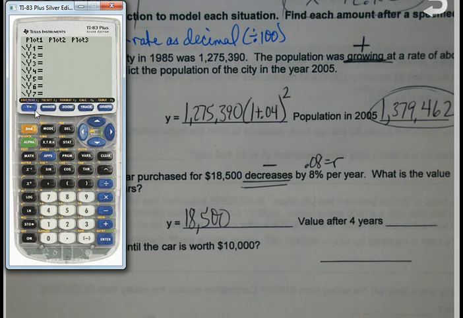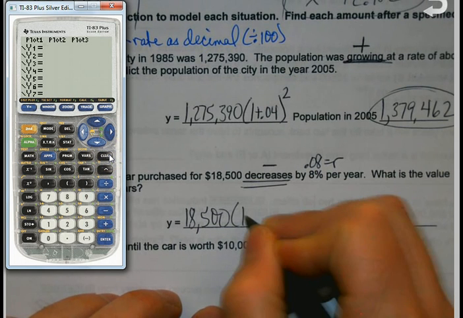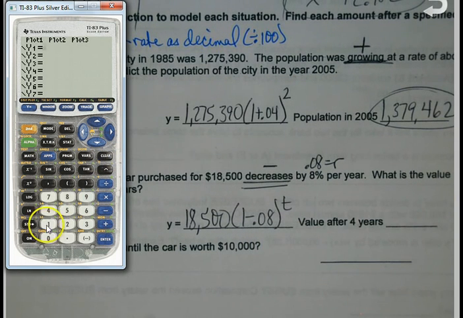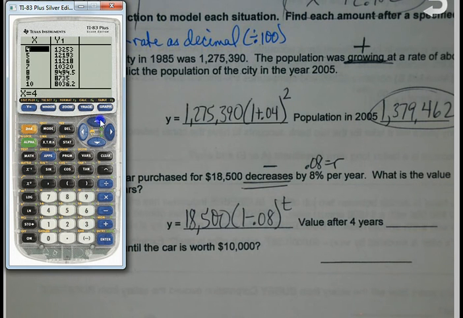So this time I am going to go to the y equals. And I'm going to type in my beginning value. And the 1 minus the percentage to the x, so I can have several years open as an option to me. So I look at the chart.